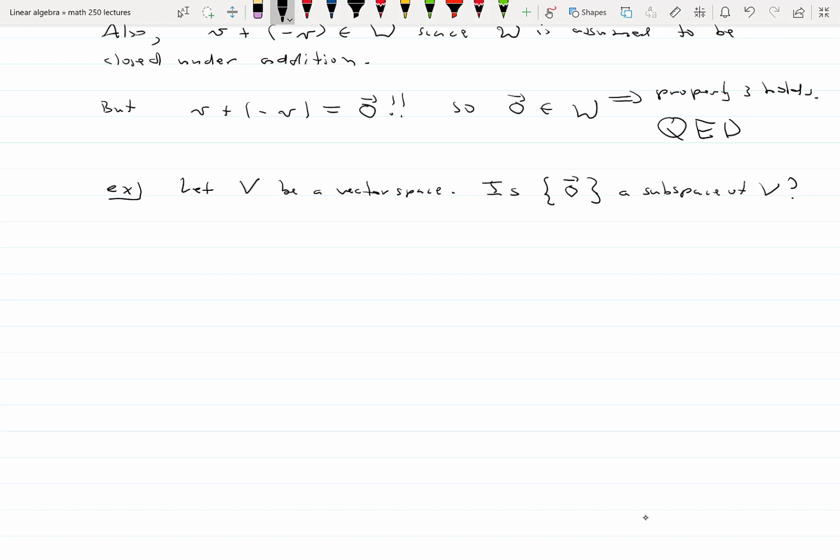Is that subset of V with just one element a vector space also? Well, I have to show two things: that the set containing the zero vector is closed under addition and scalar multiplication. So let W equal the set that only contains the zero vector.